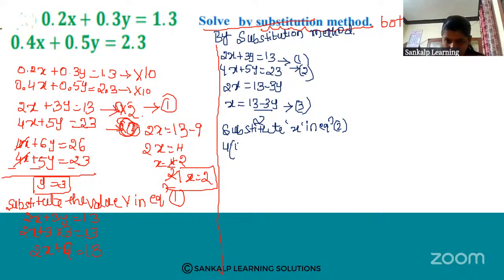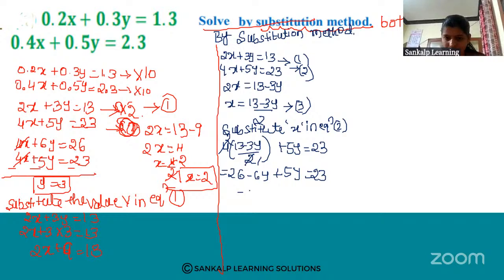The x value is 13 minus 3y divided by 2, so 4 times that plus 5y is equal to 23. Now, 2 twos are 4, 13 into 2 is 26, minus 6y plus 5y is equal to 23. Minus 6y plus 5y is minus y is equal to 23.